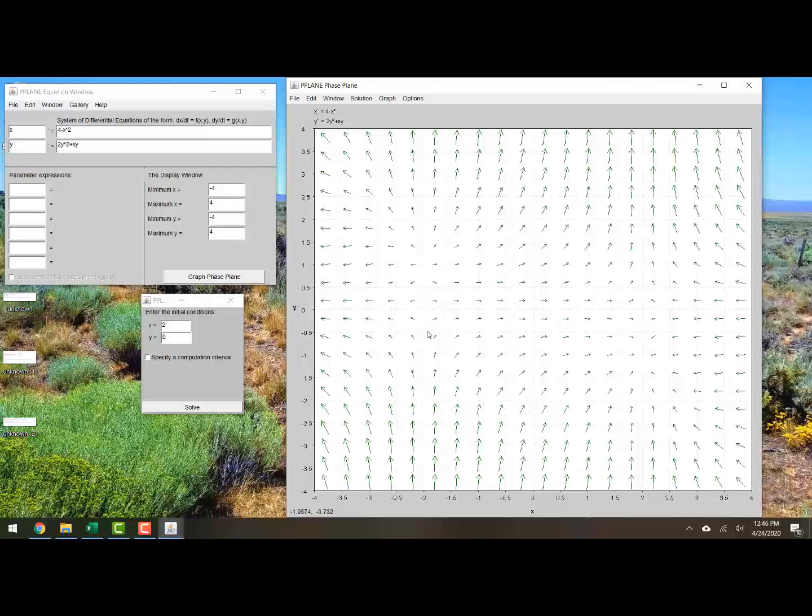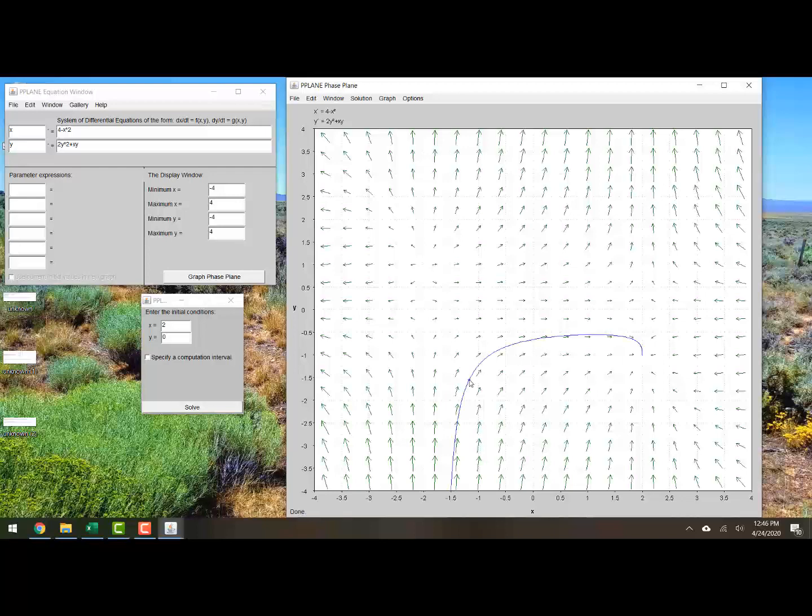Some solutions will ride up to that or ride down to it, and other ones will approach it but then go away from it. We'll see that here in a moment. And we had another equilibrium that was kind of like a saddle over here at 2, 0, and then an equilibrium that was like a sink and not a source, right? The one up here, -2, 1, was like a source. Solutions went away from it. Here, at 2, -1, they sink towards it.